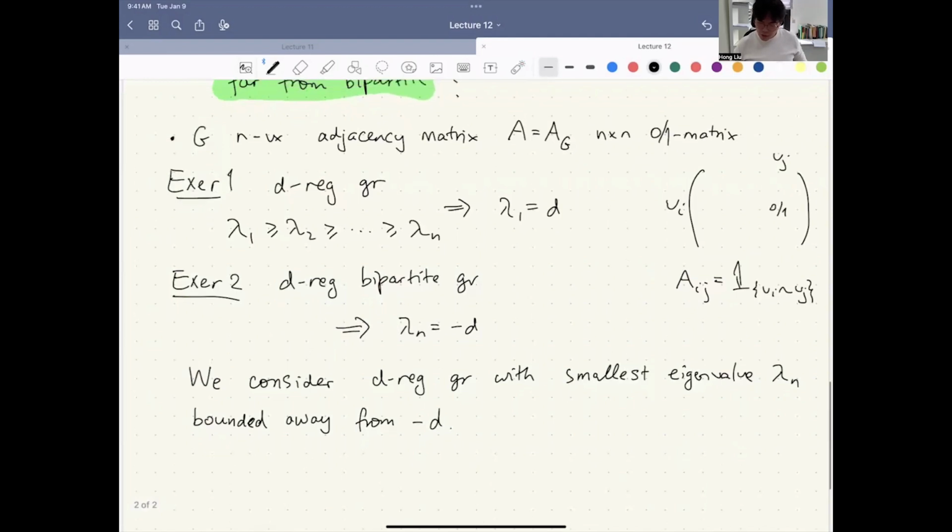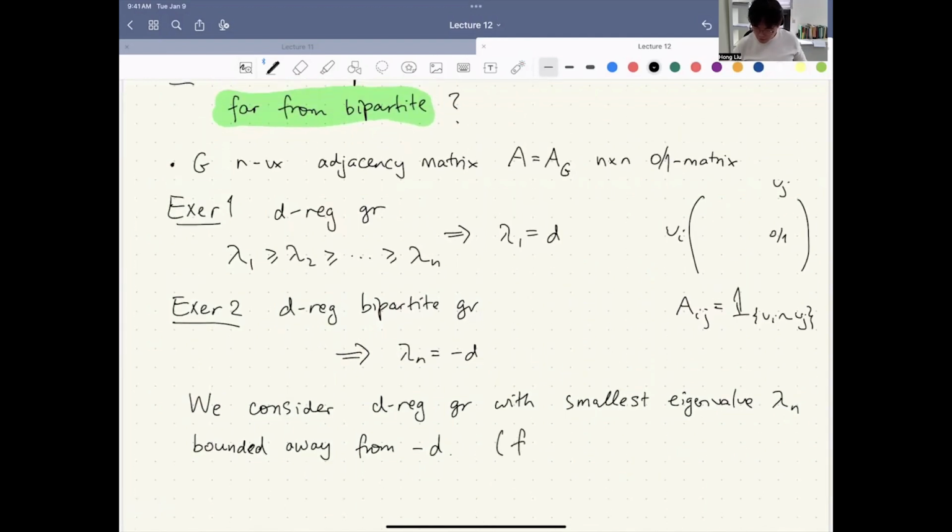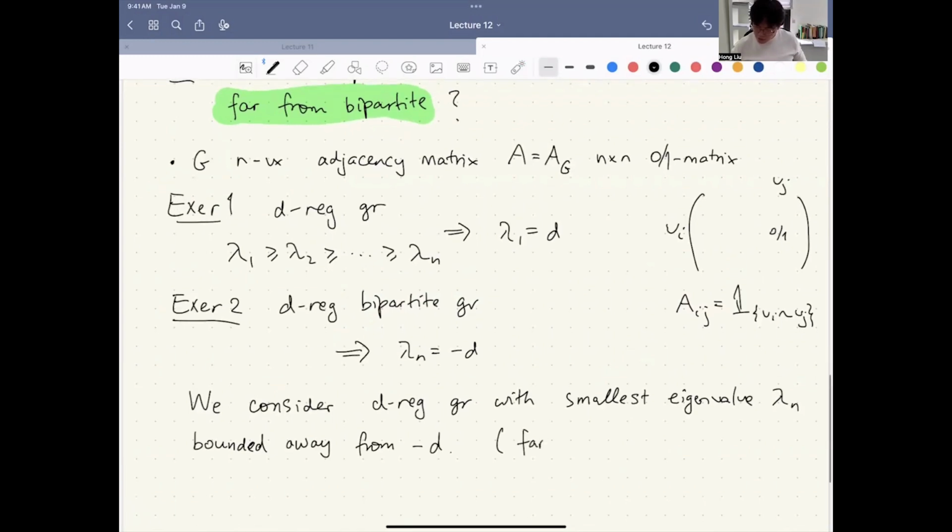And this is what we mean by far from bipartite. This is one way of saying a graph is far from bipartite.